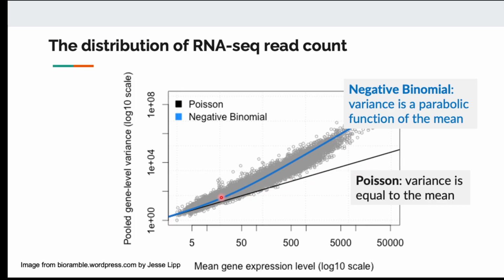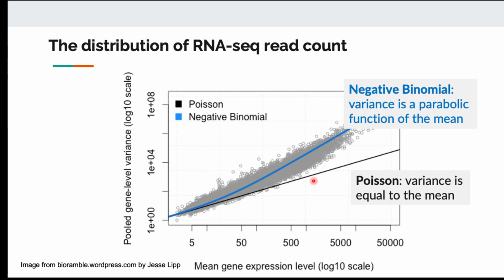And we can see clearly that in nature, read count that we get from genes is not following the black line. For highly expressed genes that have high expression level, the variance increases even more. It's much higher than the mean. So people found that no, we cannot use Poisson for RNA sequencing data.